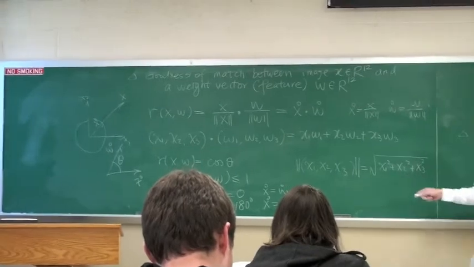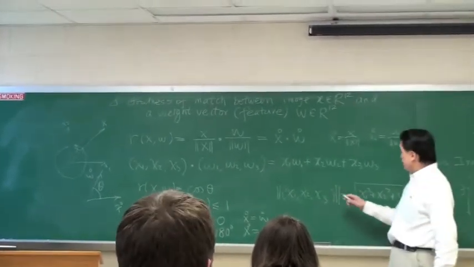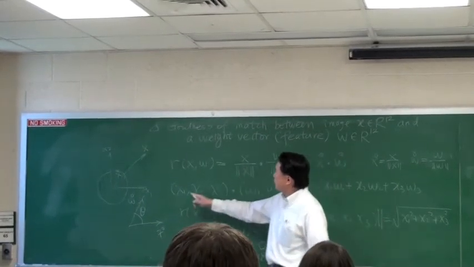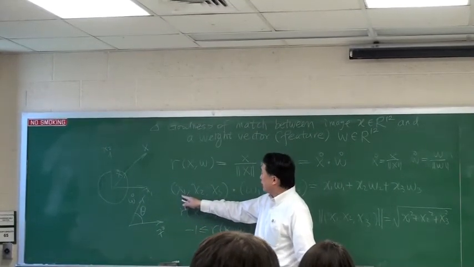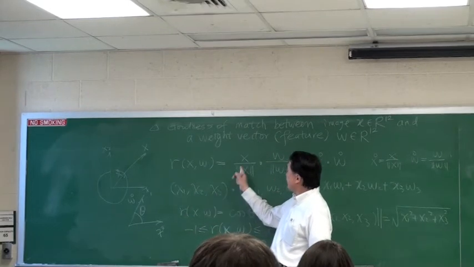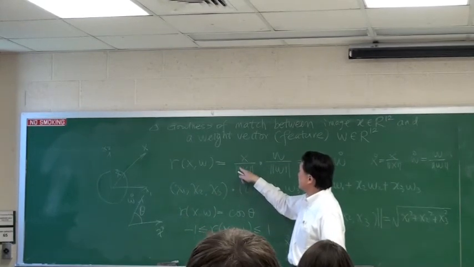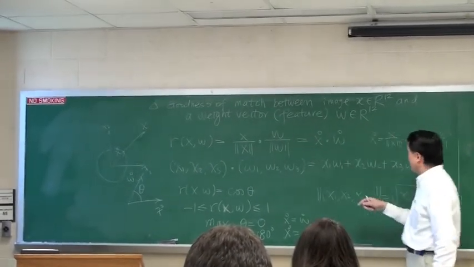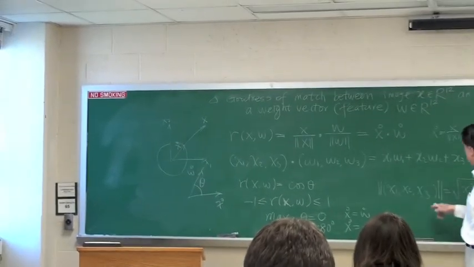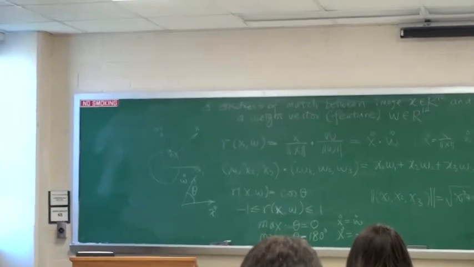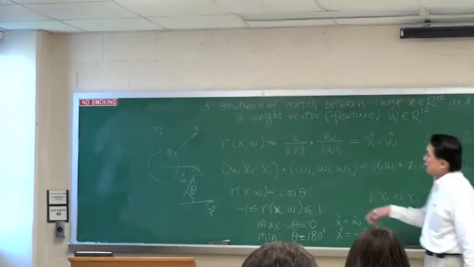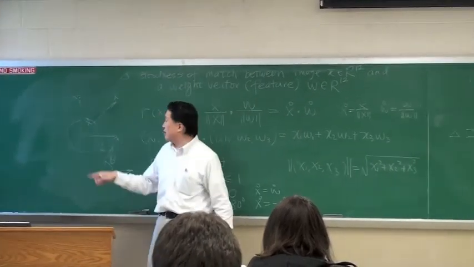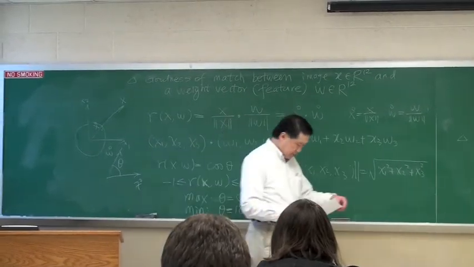So this becomes a constant. Then you divide each component by this value, divide by the length, and you can verify that once you divide each component by the length, you end up with a unit vector. The length is equal to 1. So whether the original is very long or very short, it still becomes 1.